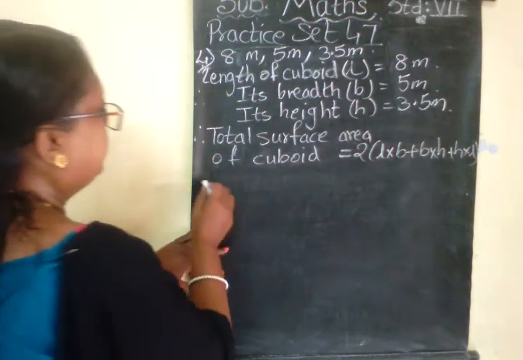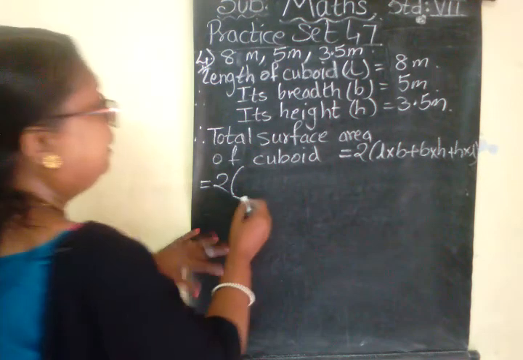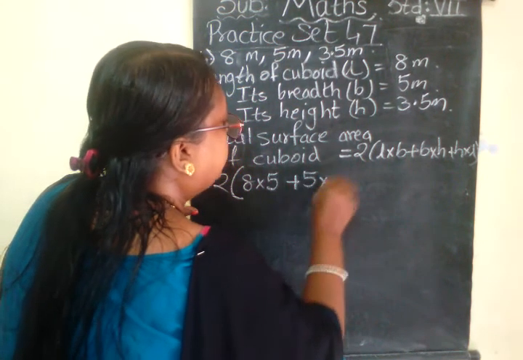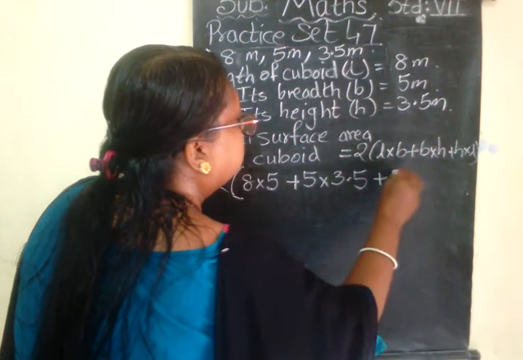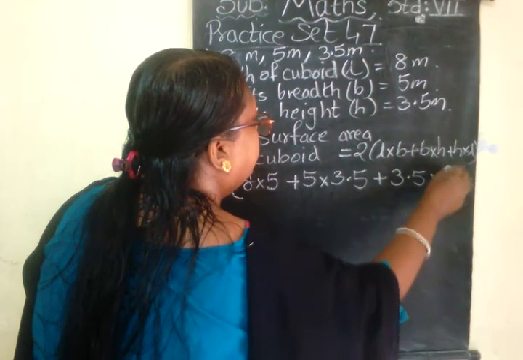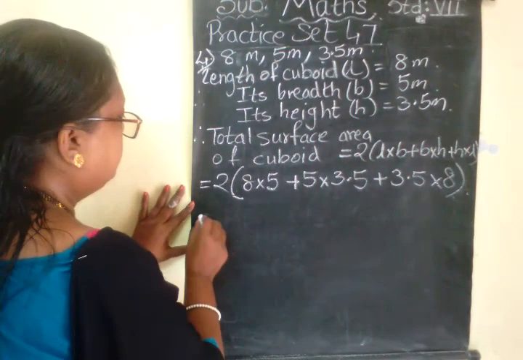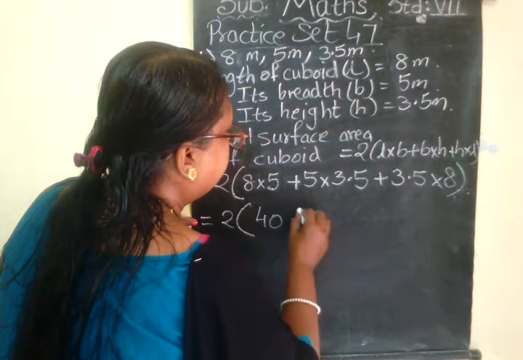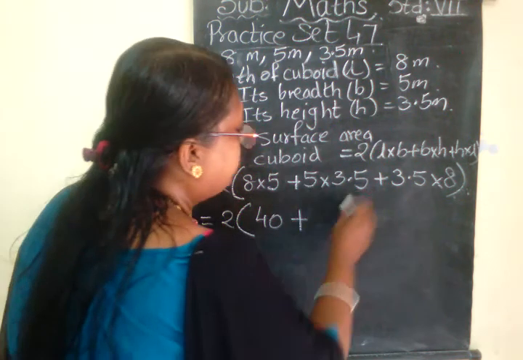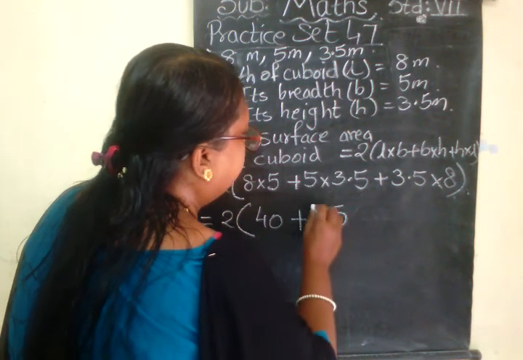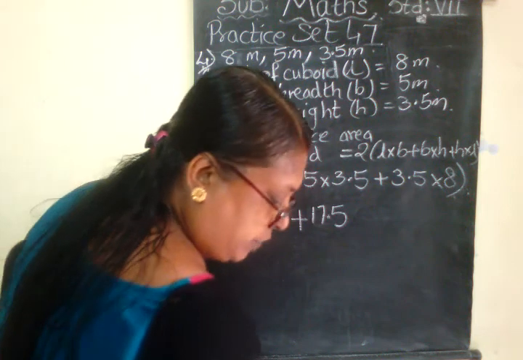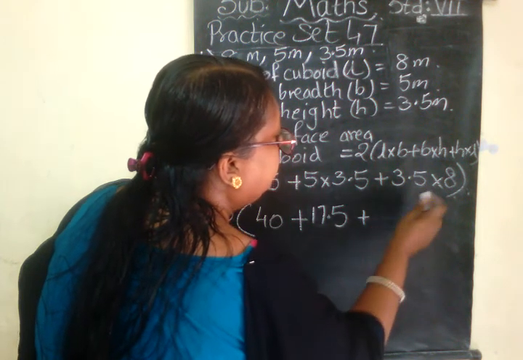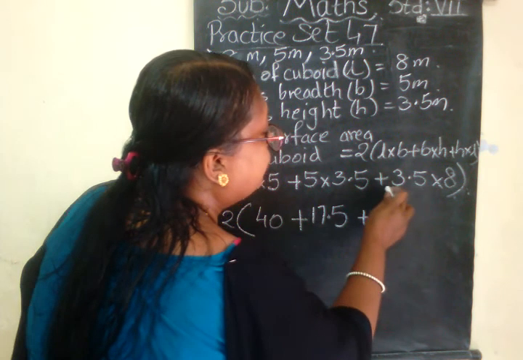You will write the formula and then do the substitution. That is 2 bracket, L is 8, 8 multiplied by 5 plus 5 multiplied by 3.5 plus 3.5 multiplied by 8. This gives me 2 multiplied by 8 5s are 40, plus 5 5s are 25, carry 2, 15 and 2 is 17, 17.5, plus 8 5s are 40, point 2, 8 3s are 24 and 2 is 28.